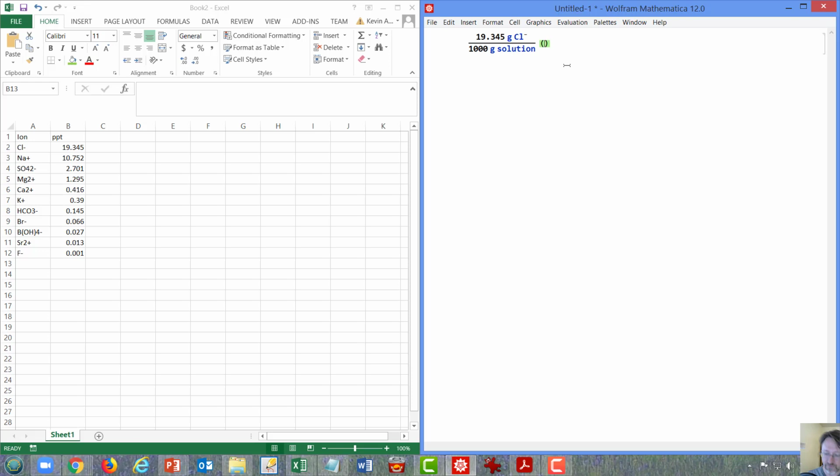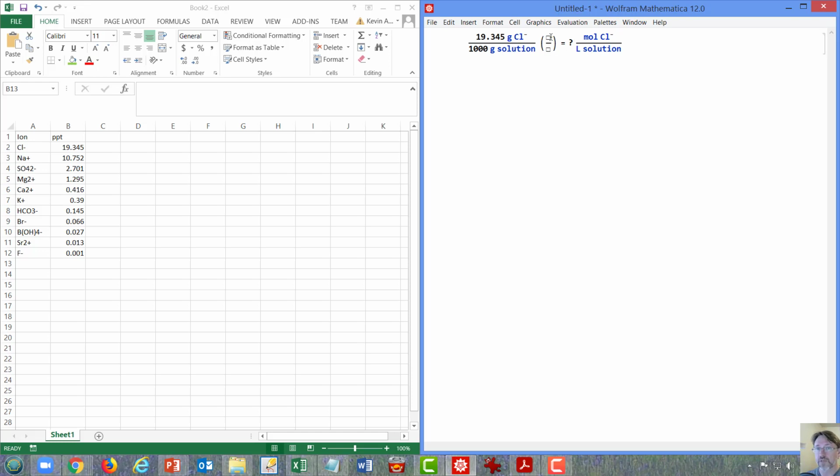In order to do this conversion, we want this to be in moles of Cl minus to make it molarity, divided by liters of solution. That's what we're trying to get to. So we need to go from grams of solution to liters of solution. How do we do that?